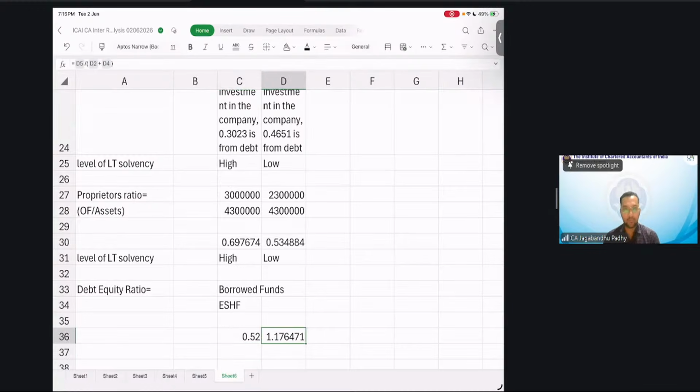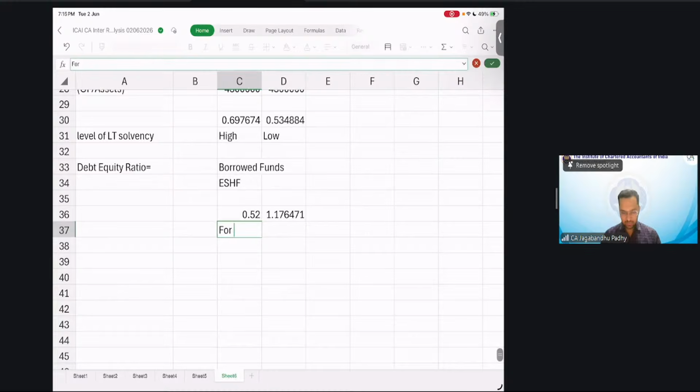That's 0.52 and 1.17. So here the interpretation is, for rupees 1 of equity, the company has borrowed rupees 0.52 of debt.